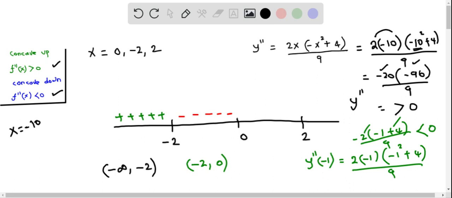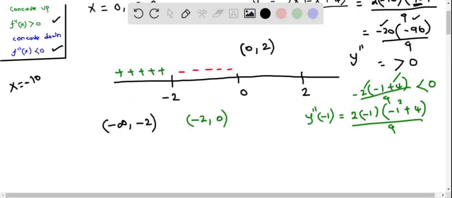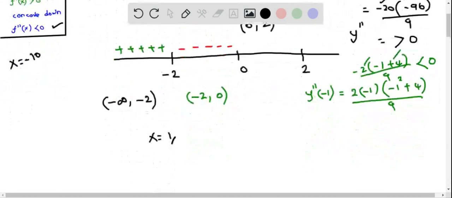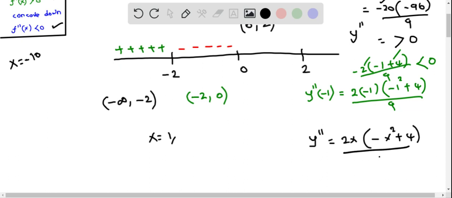Now let's consider the third interval, that is from 0 to 2, and we once again consider some random point. I'm going to consider x equal to 1 and plug it into the y double prime. So let me copy the y double prime, and this equals 2x times negative x squared plus 4, over 9.